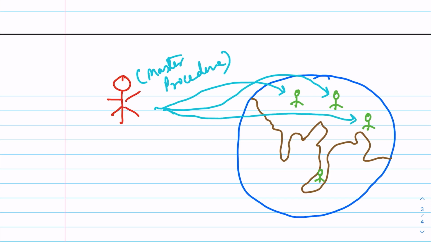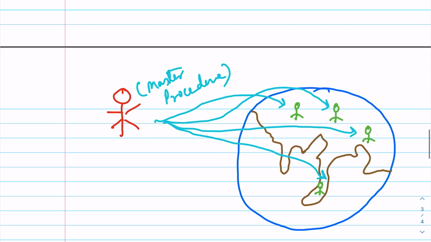The entities don't have their own free will. In procedural oriented languages, consider a very large scale system where multiple procedures are dancing with different entities, trying to modify every entity.